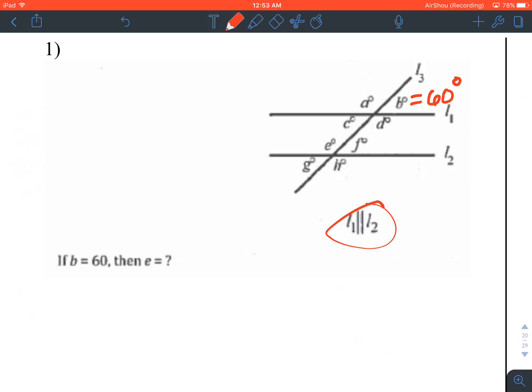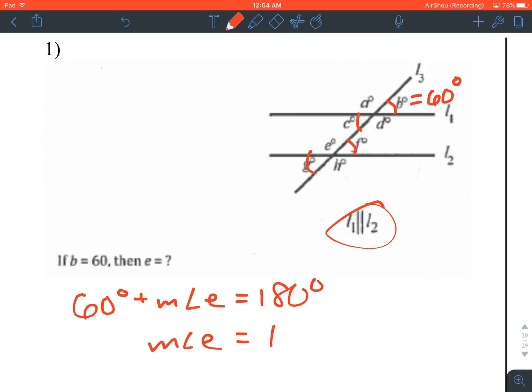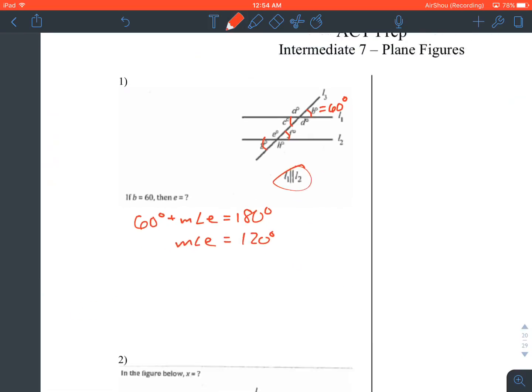Well, let's mark all the ones that are the same as B. E is not the same as B, so that must mean it's its supplement. So 60 degrees plus the measure of angle E has to equal 180. Therefore, the measure of angle E is 120 degrees. So 120 plus 60 is 180.